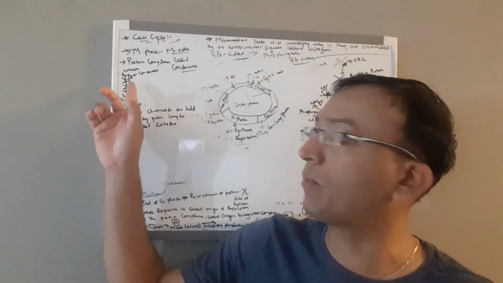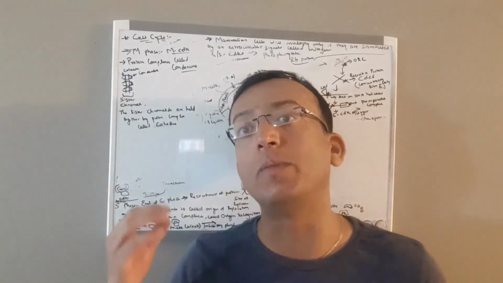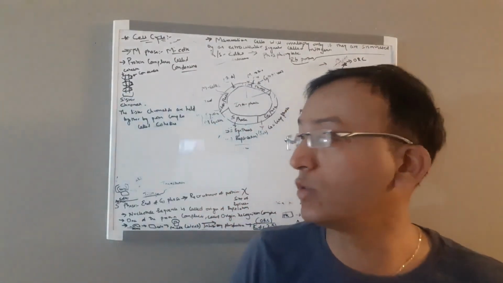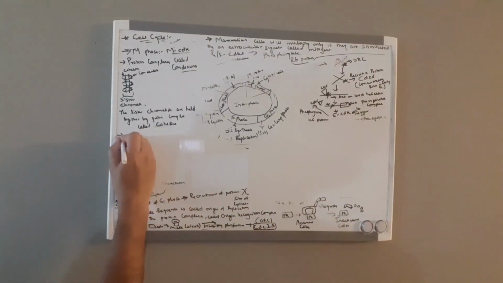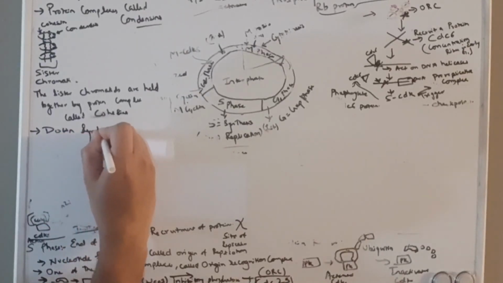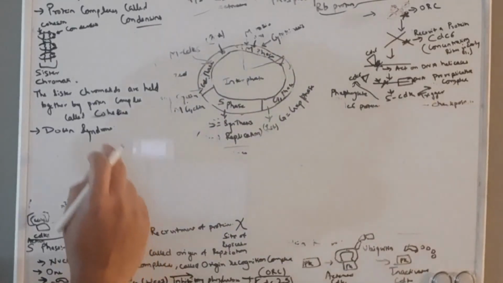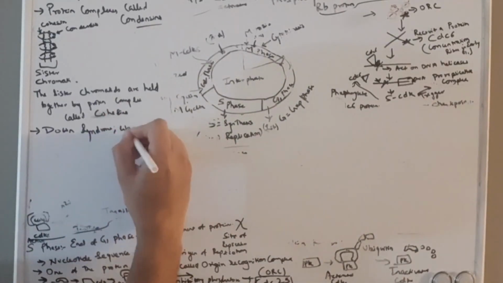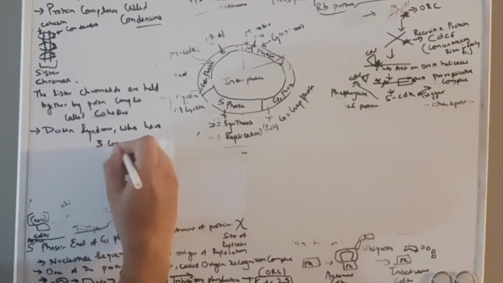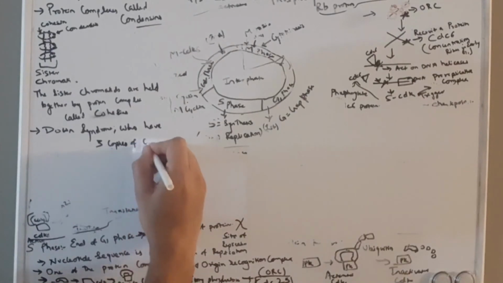If this is not properly segregated, it will be missegregated, resulting in an abnormal number of chromosomes, as in individuals with Down syndrome, who have three copies of chromosome 21.